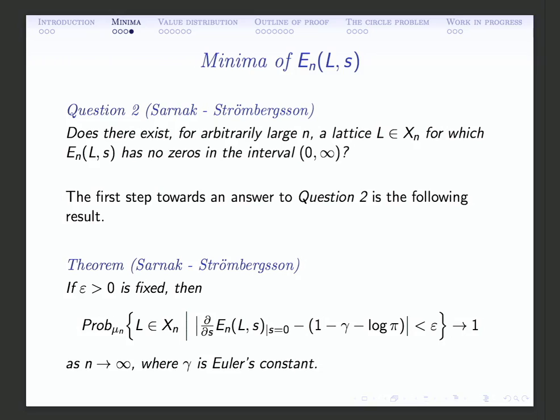And here it's of interest that this number, 1 minus gamma minus log pi, is a negative number.